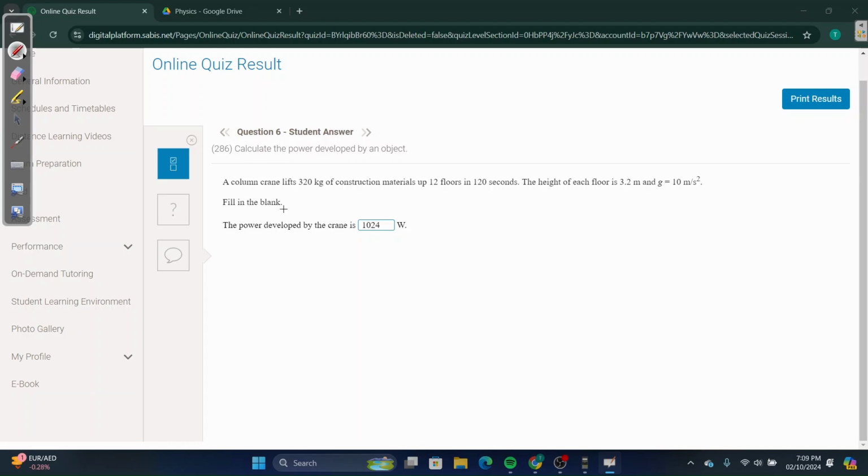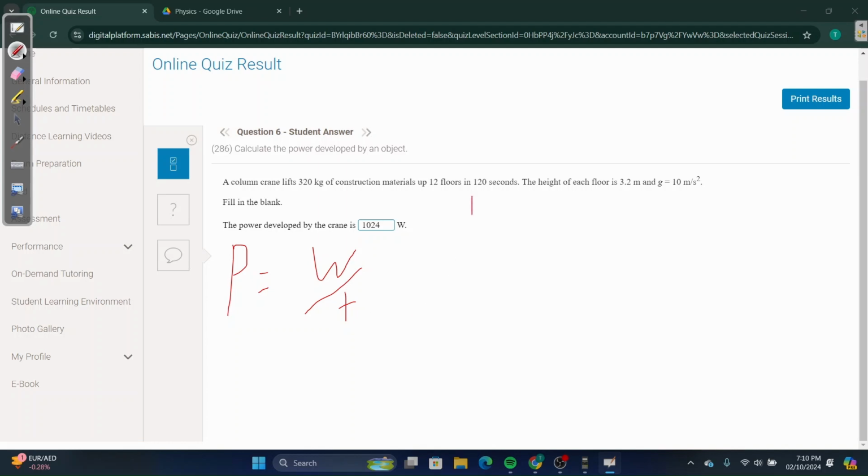A crane lifts 320 kilograms of construction materials up floors in 120 seconds. The height of each floor is 3.2 meters and g equals 10 meters per second squared. Find the power. What you have to know here is power equals W over T, where P is the power, W is the work, and T is time.